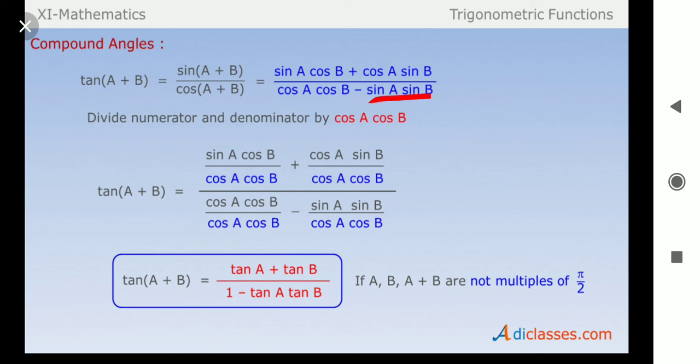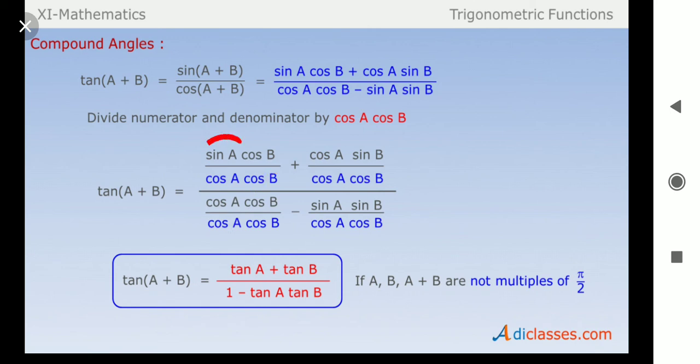Now divide numerator and denominator by cos A into cos B. All four terms are divided by cos A cos B. So write it like this. Here the cos B cancels, here cos A cancels, here cos A cancels, and here nothing cancels.